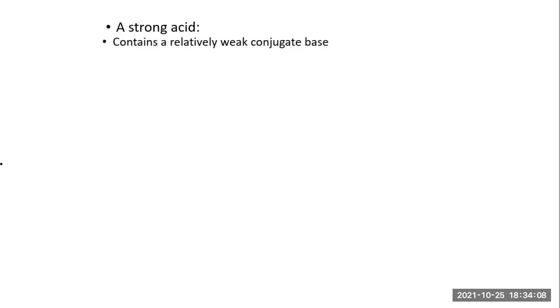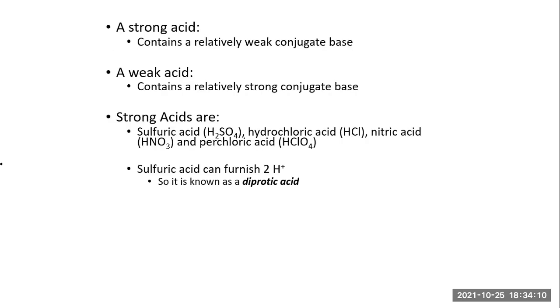Now, a strong acid does contain a relatively weak conjugate base, and there is a relationship in terms of the acid and its conjugate base. It's basically an opposite relationship.